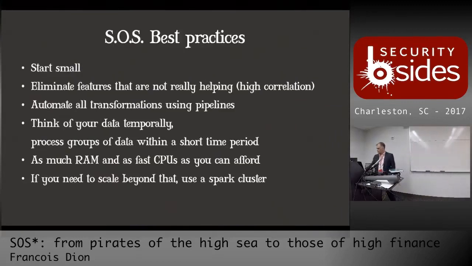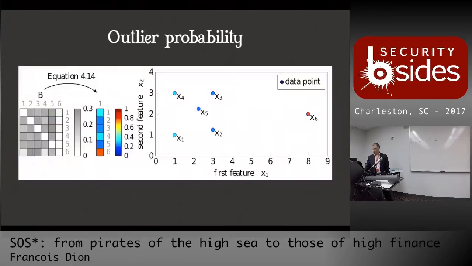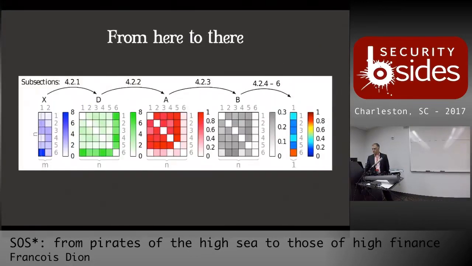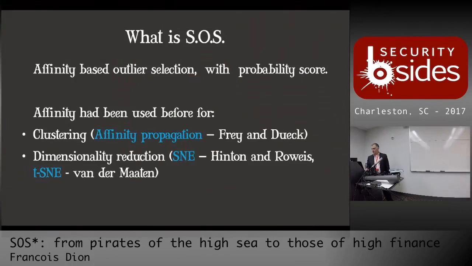if I go back actually, let's see. So I will post that, but affinity propagation has been used, like I mentioned, for clustering by Frey and Dueck, but also Hinton. I'm sure if you've heard anything about deep learning, you've heard that name before. So he developed SNE, and van der Maaten continued that work to do the t-SNE.